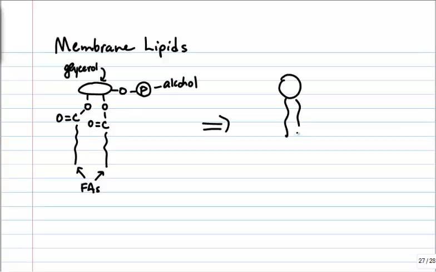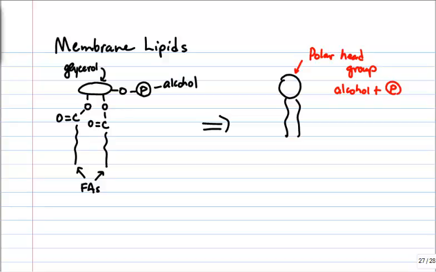Kind of a circle with 2 squiggly lines on it. Well, what is this? This is what we call the polar head group. And it really represents the alcohol plus the phosphate. That's what makes this part of the molecule polar.